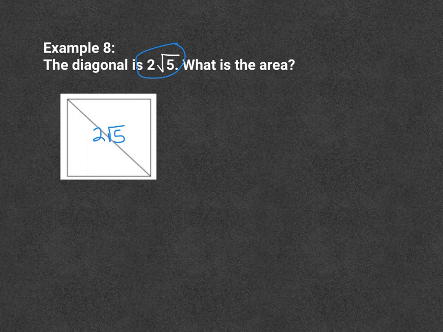So that means we're going to go from hypotenuse to leg. When we go from hypotenuse to leg, we take the hypotenuse, which is 2 root 5, and we divide by root 2. Now I know that I cannot have a square root in my denominator. So that means I'm going to multiply both my numerator and denominator by root 2.